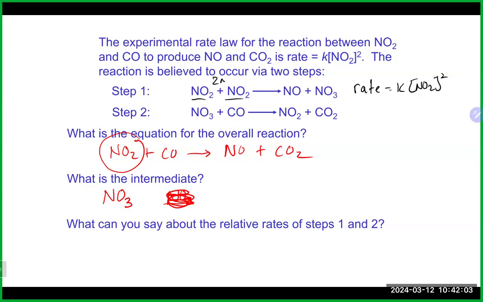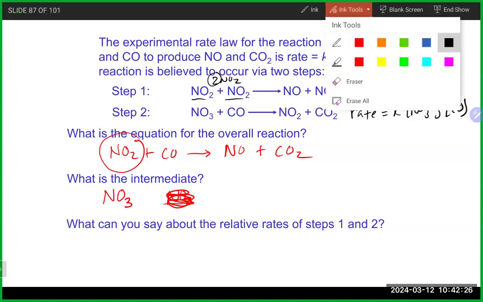And here again, we can use the coefficient in these rate laws for these elementary steps. That is the only place you can do it. Now for step number 2, the rate would equal K times the concentration of NO3 times the concentration of CO, right?